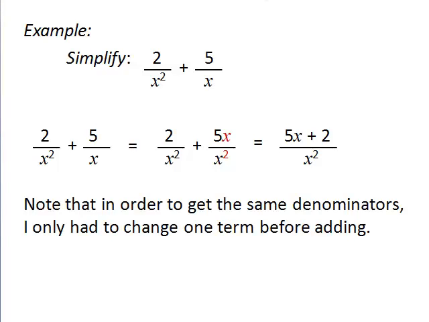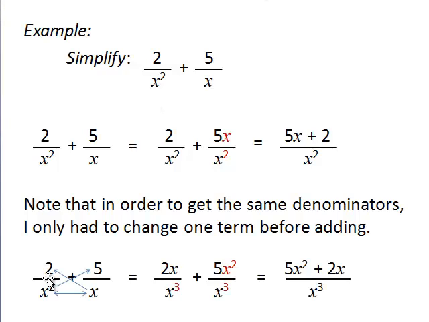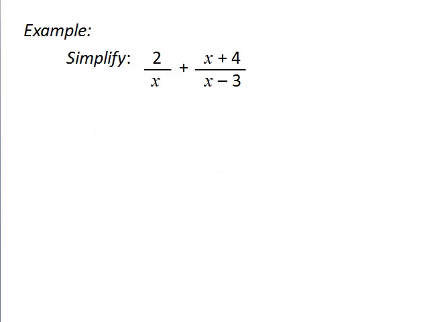So I only changed one term in that case. If I'd followed the supposed rule of multiplying across, I'd have got x cubed, 2x, and I'd have got that, which is not the simplest term. Every part of that expression has an extra x in it compared to the better version. Be careful, don't just apply the rule willy-nilly, only apply it in cases where you need to.